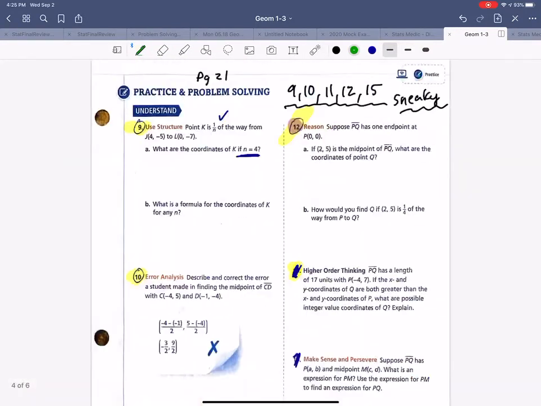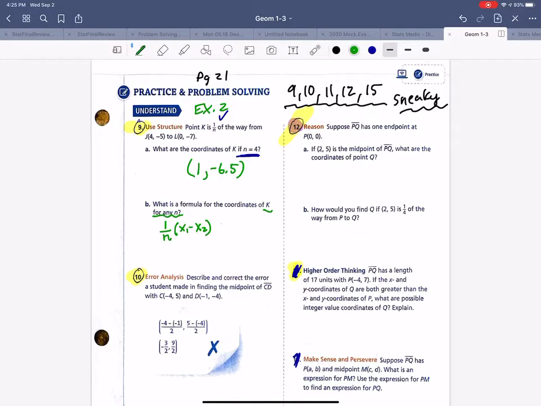So let's take a look. Yes, (1, -6.5). What is the formula for the coordinates of K for any n? Using our notes, I believe this was example 2, the formula for K is 1 over the fraction, well, the fraction could be 3/4, so it's not just 1 over, but if my fraction is 1 over n, then times the distance we travel in the x, so I subtract the 2 x values.